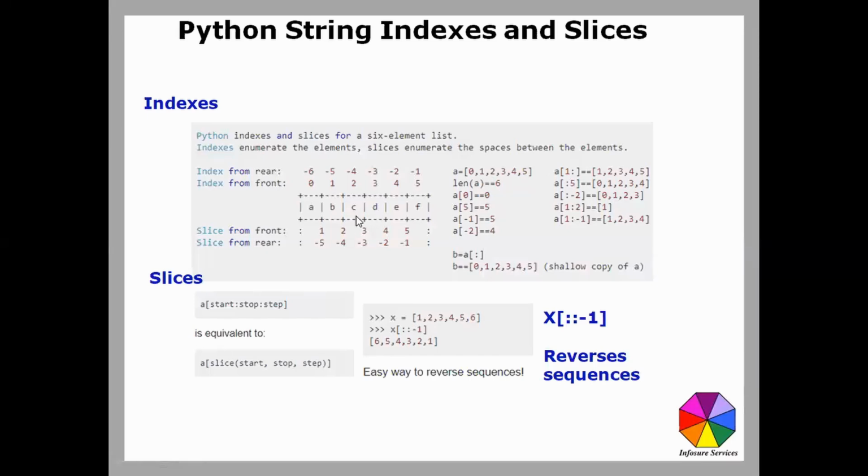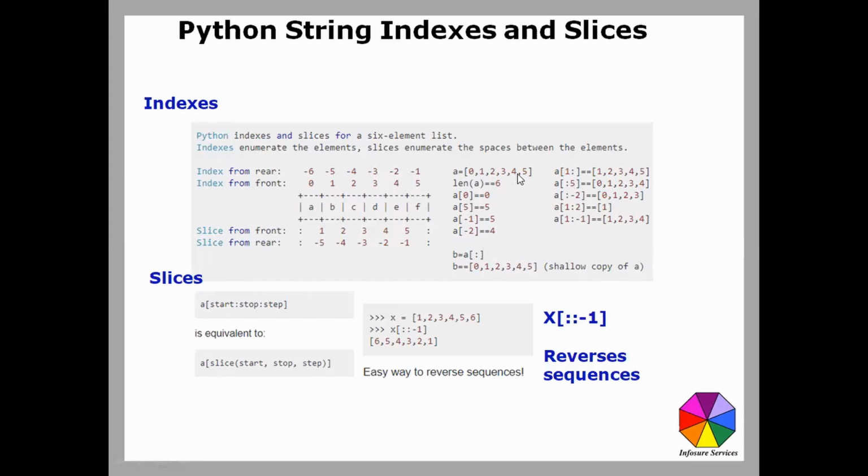Same way here, a slice starting from 2 means it will start from B. Here is A of blank colon 5, a slice which means from the beginning till the 5th position.